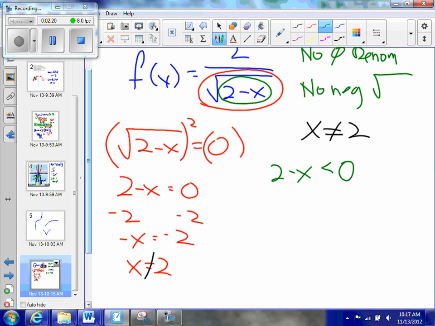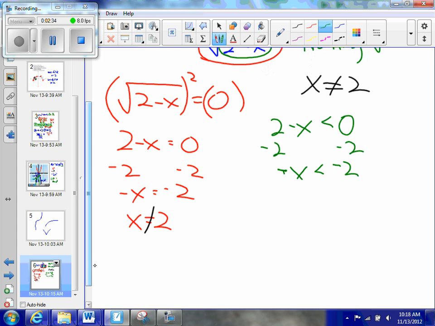So I'm going to do the same thing. I'll subtract 2 from both sides. So I'm going to have negative x is less than negative 2. And since I'm trying to find x, I need to multiply both sides of this by negative 1 to make it a positive x. So I'll multiply times negative 1 times negative 1.